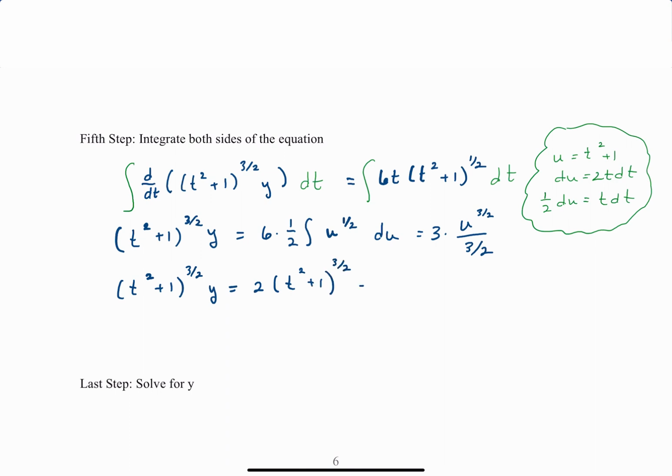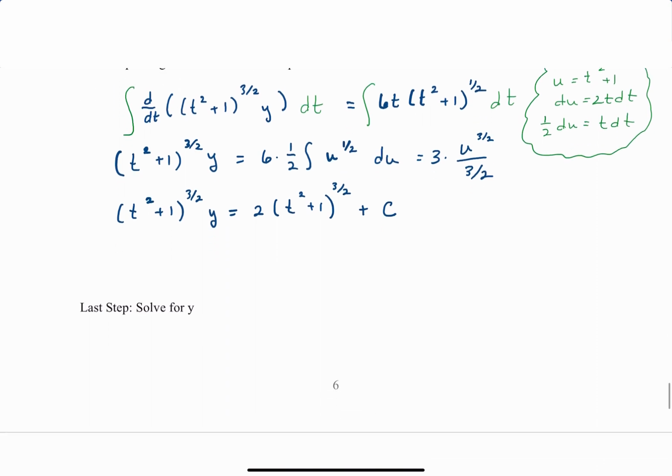And now we do finally need the c, because we're now at the point of giving the general solution to the differential equation. Last thing we need to do is solve for y. So let's divide both sides of our equation by (t squared plus 1) to the 3/2 power.